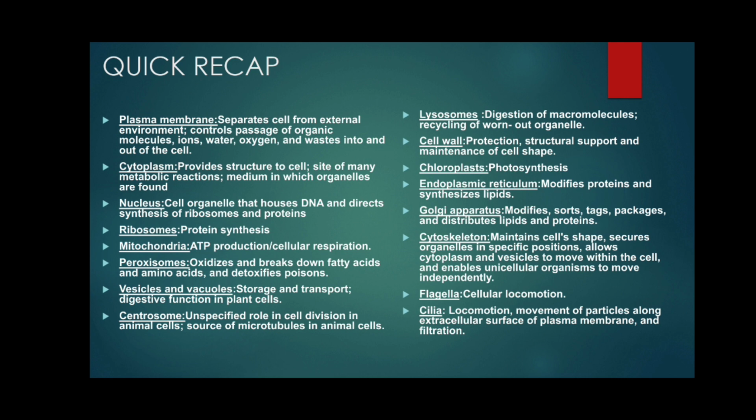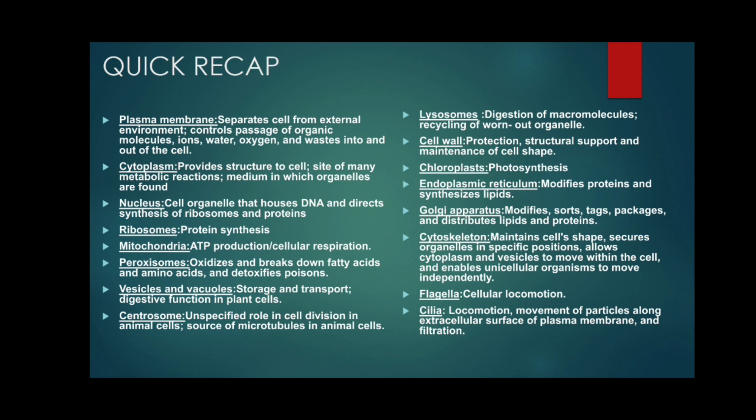Centrosome is the organelle which is found near the nucleus in animal cells, the source of microtubules, and helps in the equational division of chromosomes. Lysosomes are organelles which keep the cell clean, filled with enzymes. This is also known as the suicidal bag of the cell.